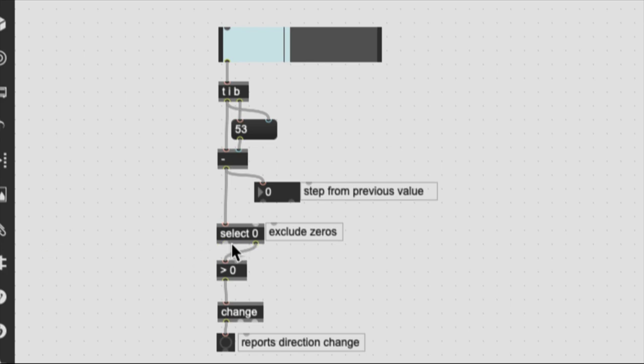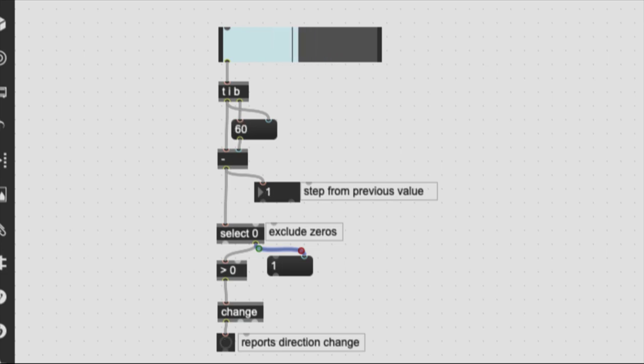So zeros come out of here, and on the right-hand outlet, what it will send out is everything but 0. So I'm actually excluding zeros, which is obviously a good thing here because I get zeros in both directions. So the zeros don't tell me anything about the direction. Now from here, let's verify that I will get strictly +1s and -1s.